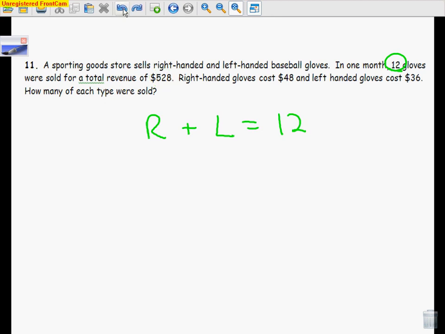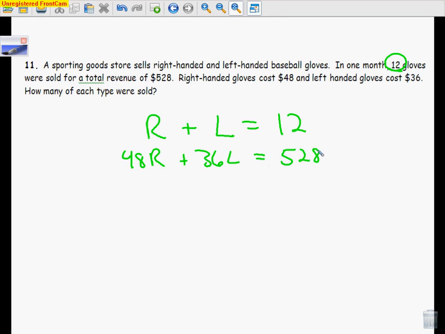Now, we know that right-handed gloves cost $48. So it's $48 for each right-handed glove plus $36 for each left-handed glove. Let me clean that up a little bit. 36 for each left-handed equals a total of $528.